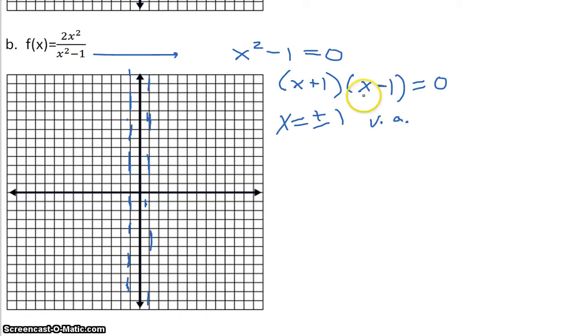Now we have to talk about the horizontal asymptotes. Now if you look at this, you can see that both the numerator and the denominator are degree 2.